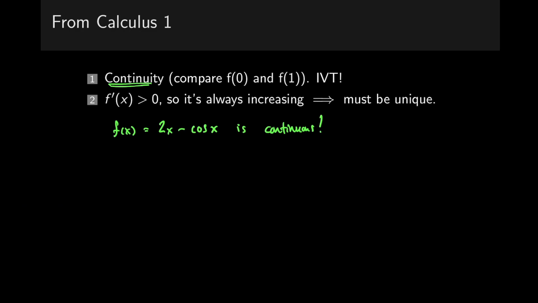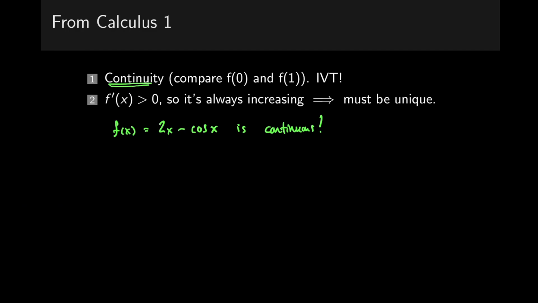Well, it means that you never pick up your pencil to draw it, right? That's the informal definition. But it also means that at every point in the interval of continuity, the function's defined at that point and the limit exists at that point. So it exists at each point and it looks like it's going where it actually goes. Okay, that's the idea of continuity. The limit exists at each point and it goes there.